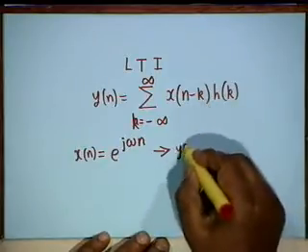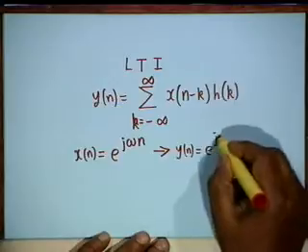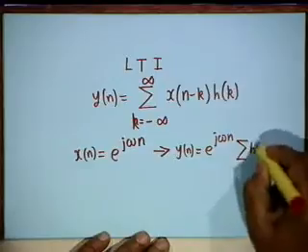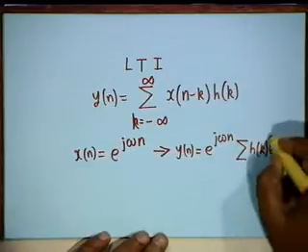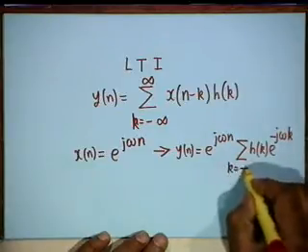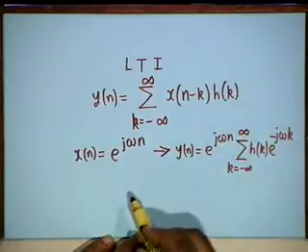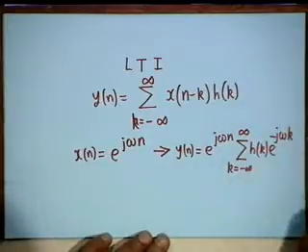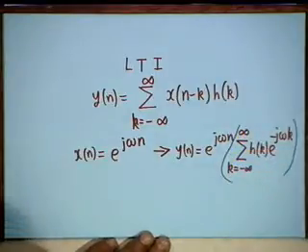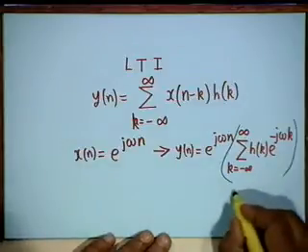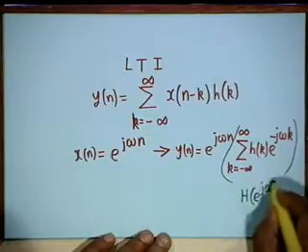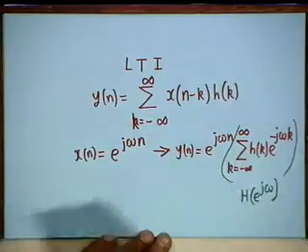So, I get the output as e to the power j omega n multiplied by summation h k e to the power minus j omega k, k going from minus infinity to plus infinity. And you notice that since this term is independent of n, it can be simply replaced by a constant H of e to the j omega, constant independent of n.